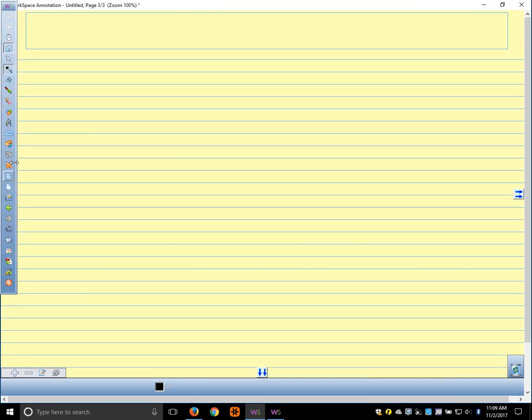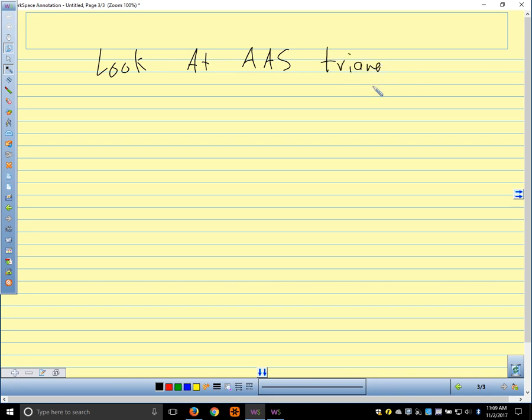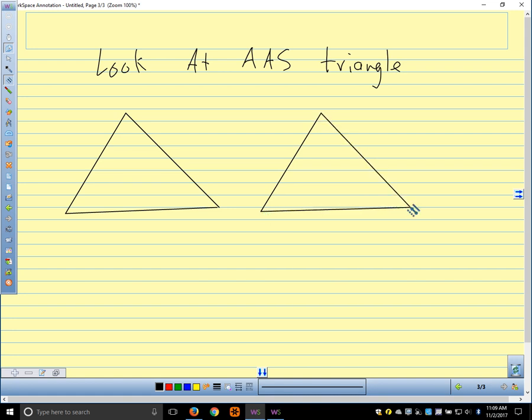Okay, let's look at the angle-angle-side triangle. So I'm going to draw a specific triangle here, 2 of them, and we're going to take a look at these. So I'm going to say this is 60 degrees, this is 75 degrees, and we have the same angles in this triangle.